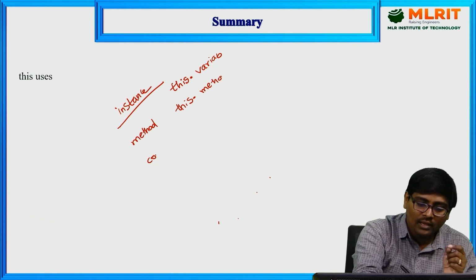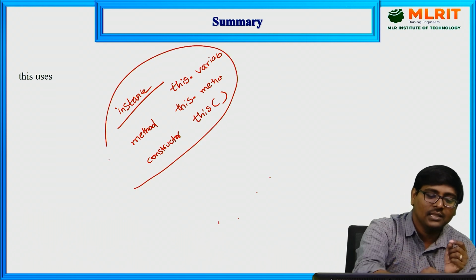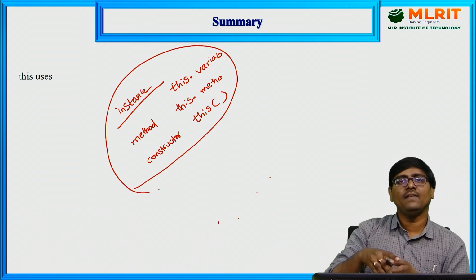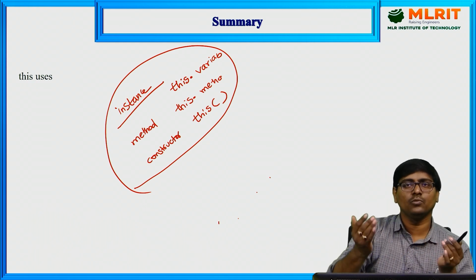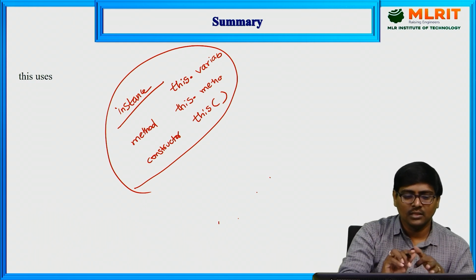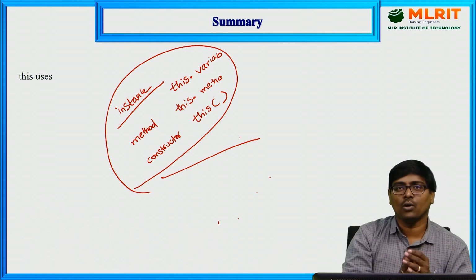To call the current class constructor by using this(). These are the main uses of this. Anyway, this has some other uses also. Once you understand these uses, in the next video we will move to the other uses also. This is the end of this keyword. Thank you.